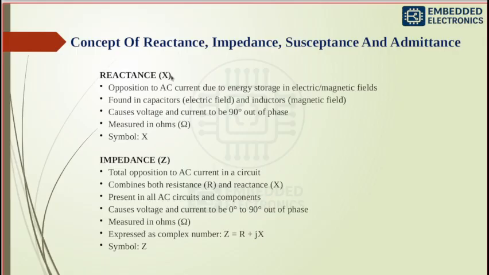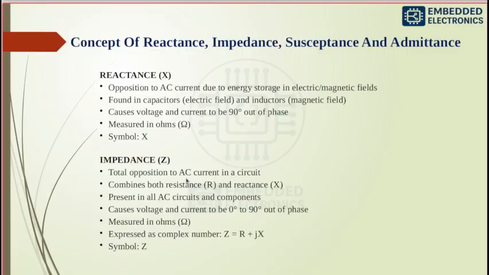Next is impedance. This is also opposition, but it is the total opposition to AC current in a circuit. So it combines both the resistance and reactance. We have seen Z equals the square root of R square plus X square.